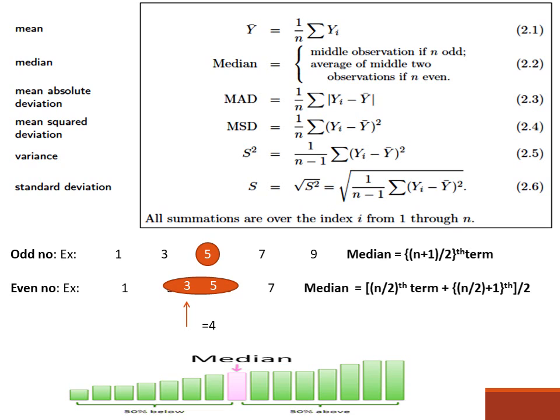The second place and the third place, we take the mean of them, which is 3 plus 5 equals 8 over 2, which is equal to 4. So the median is the observation which divides the data into two equal data sets.